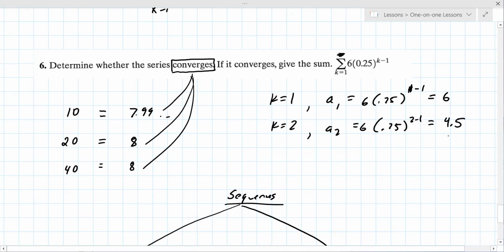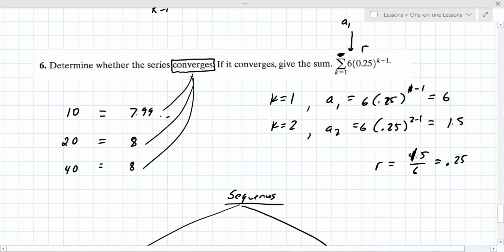And this is enough to find r. So r is equal to 1.5 divided by 6, which is 0.25. Sorry, I wrote the wrong number there. So you might have said, oh, I should have known that this is r right there, and since a1 was 6, that's the first term.